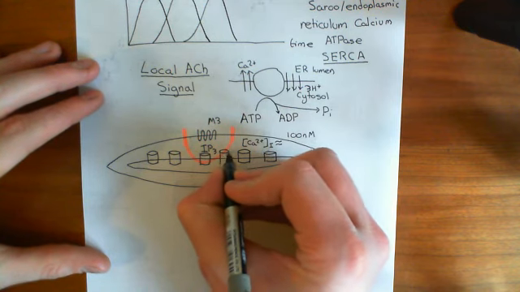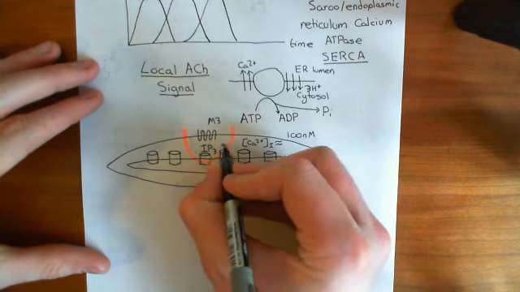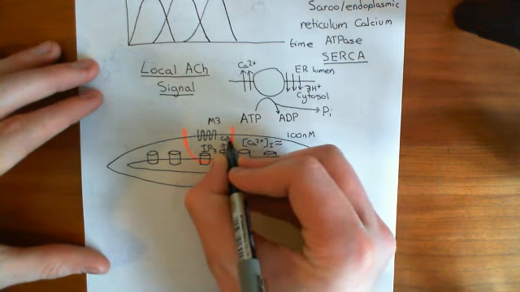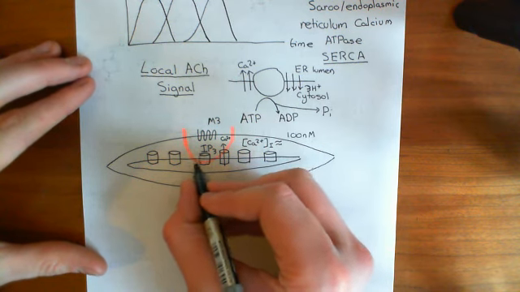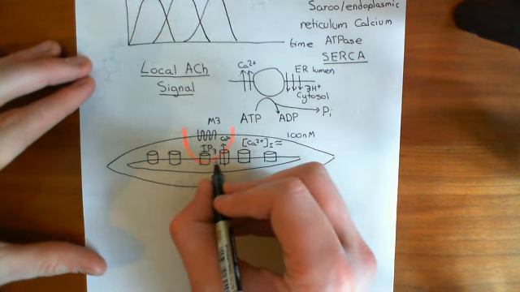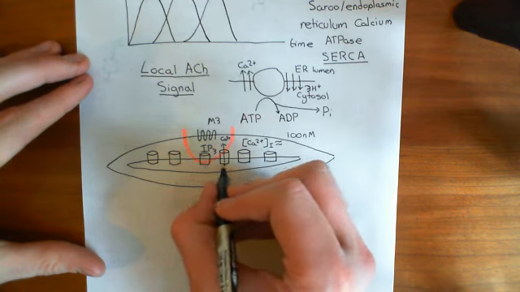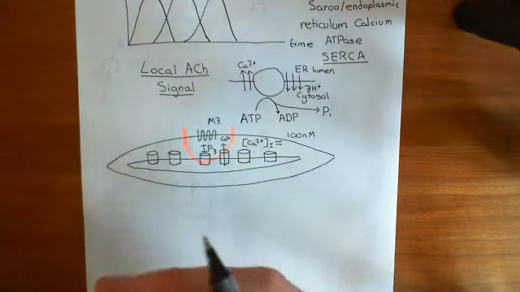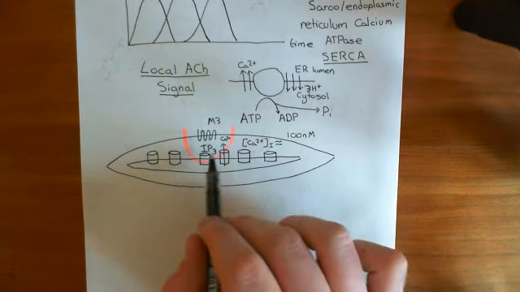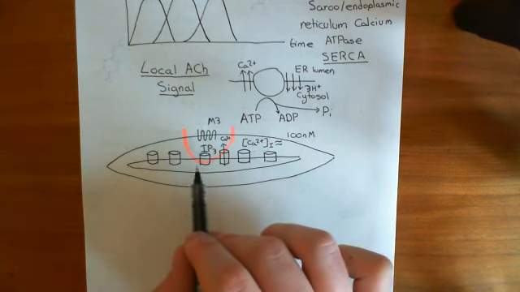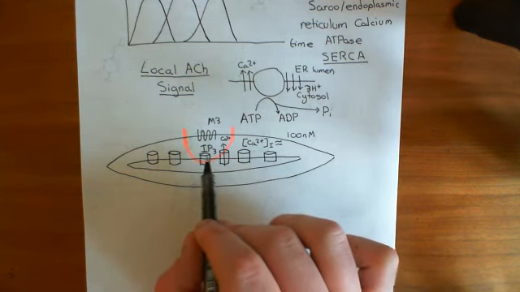So I'll say this one also has IP3 bound to it here, so it's going to release calcium. Okay, now, in this pink region where you have had this local rise in IP3, I have drawn 2 IP3 receptors that are in this pink region, but of course there will be loads, absolutely loads. So there are loads of IP3 receptors in this local pink region which all have IP3 bound to them.